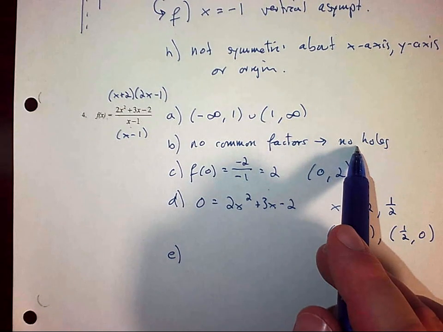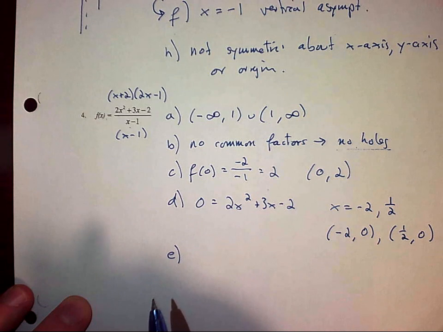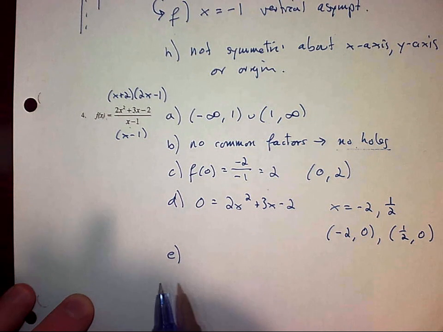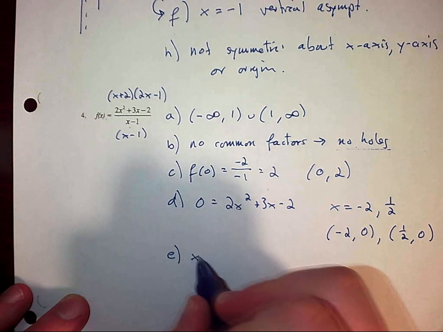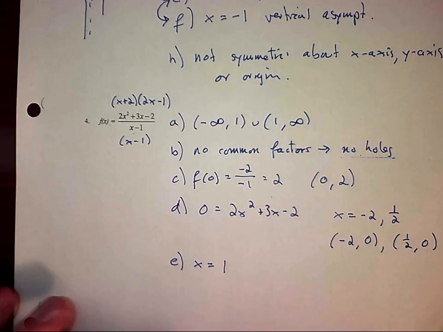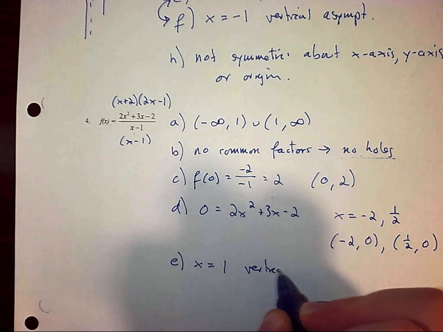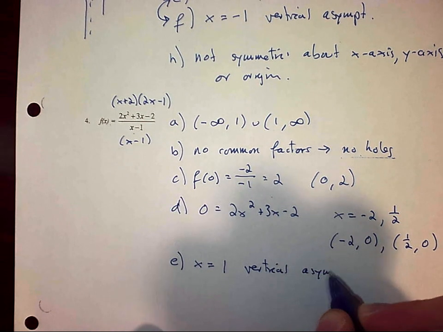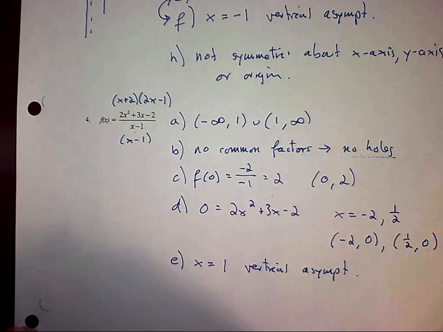Well, we have no holes. So therefore, everything that makes our denominator equal to 0 is going to be a vertical asymptote. Well, x is equal to 1 makes our denominator equal to 0. So therefore, x is equal to 1 is our vertical asymptote. All right, I think I got it right that time.